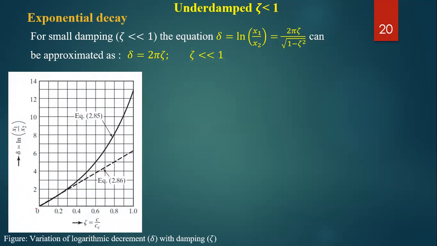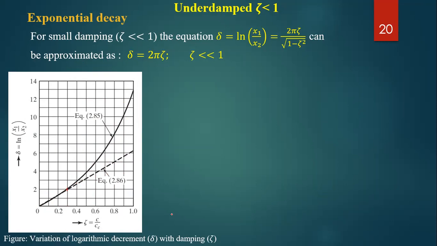Okay, here for very small values of zeta, for example near 0, 0.1, 0.2, 0.3, the graphs almost coincide with each other here.